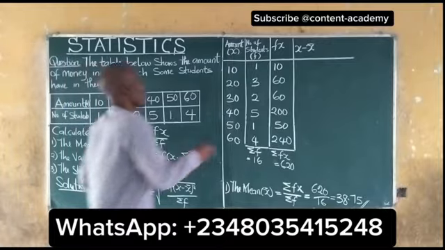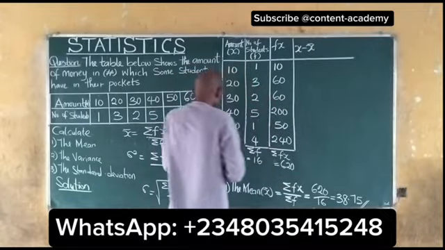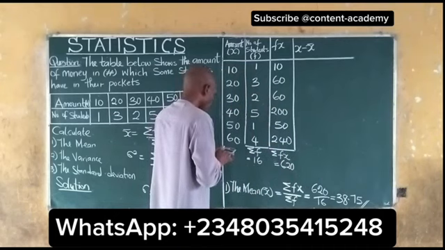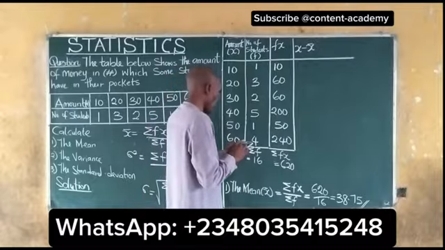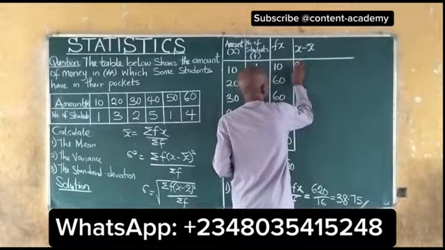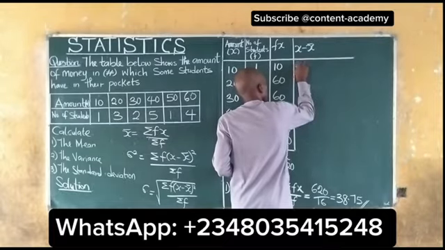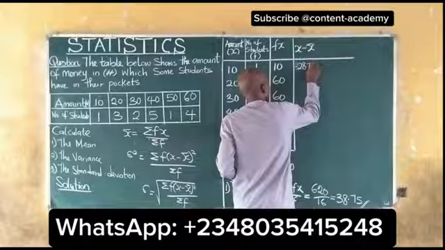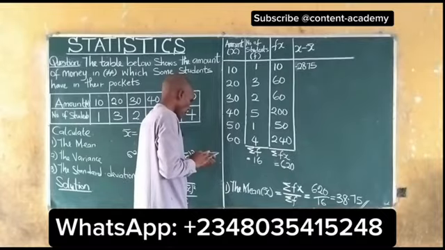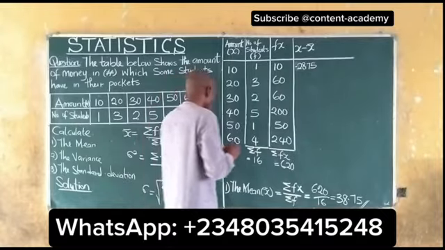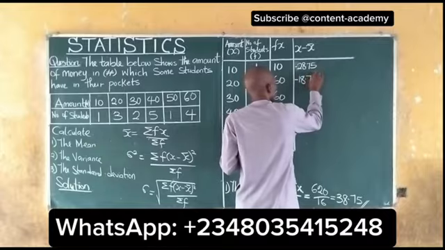Now, how do we calculate for x minus x bar? It means all the values for x minus what we have as our mean. So 10 minus 38.75, we have negative 28.75. Also, 20 minus 38.75, we have negative 18.75.